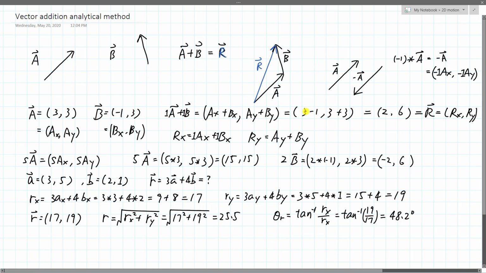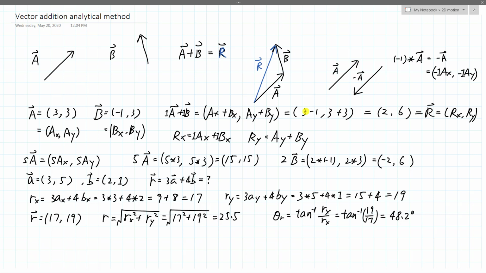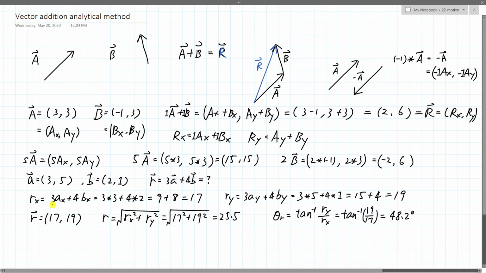And if you have an expression of some a plus some b, then this amount scales up the component, so a's component, which was 3, scales up 3 times, b's component 2 scales up 4 times respectively, and then you get that, right?